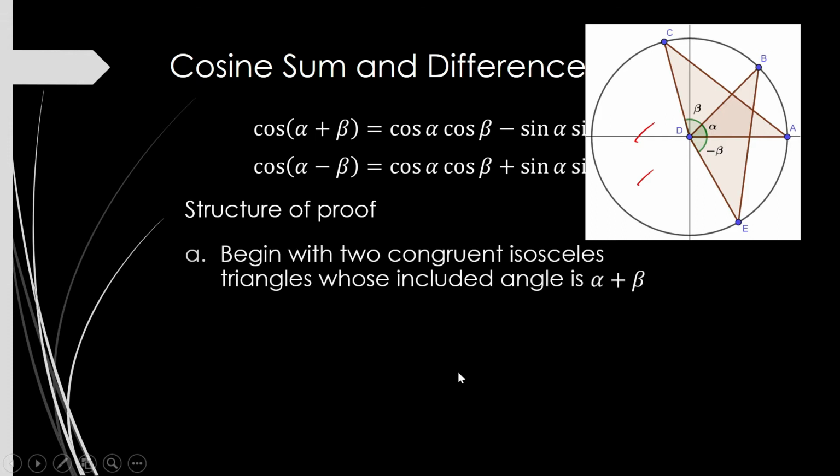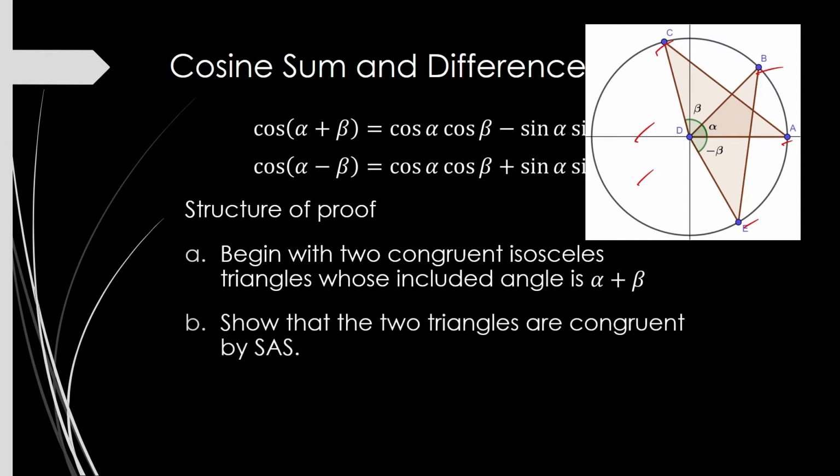The proof will go this way. We will begin by constructing isosceles triangles that are inscribed in our unit circle. And we will take advantage of our rectangular coordinate system to produce the coordinates for the vertices of our triangles. And then after that, we will show that these isosceles triangles are congruent.